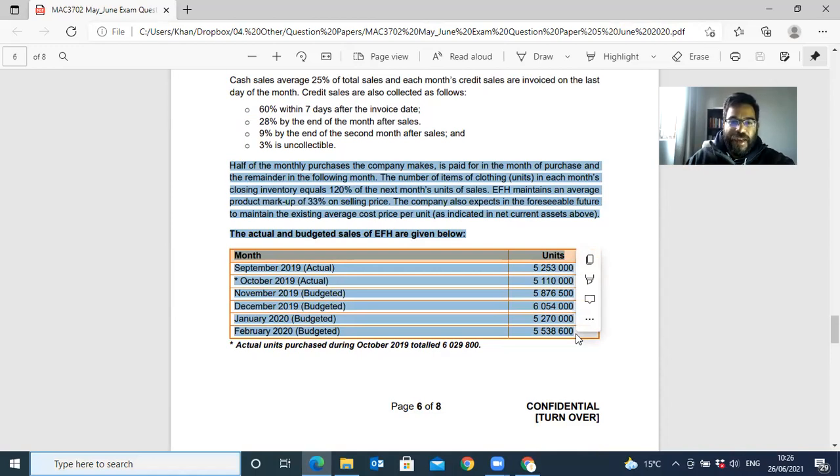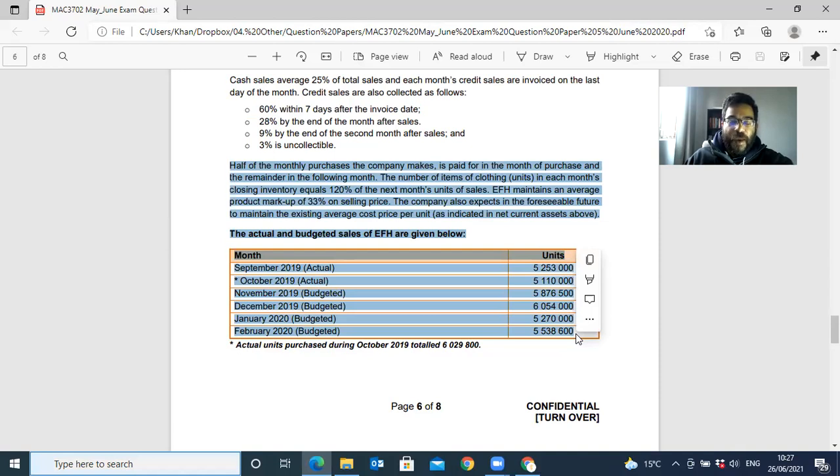The next sentence says the number of items of clothing in each month's closing inventory equals 120% of the next month's sales. Okay, so that's important to take note.